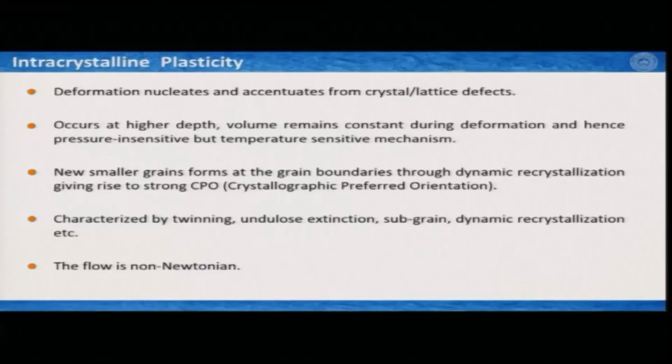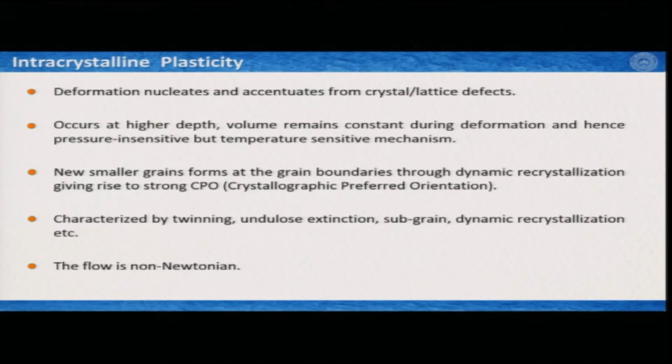We develop a very characteristic microstructure when we see rocks undergoing deformation through intracrystalline plasticity. Generally, you generate new smaller grains from the original grain, which we will call the parent grain. The new smaller grains nucleate at the boundaries of the parent grains through the process of dynamic recrystallization, and therefore it gives rise to a very strong crystallographic preferred orientation, or CPO.